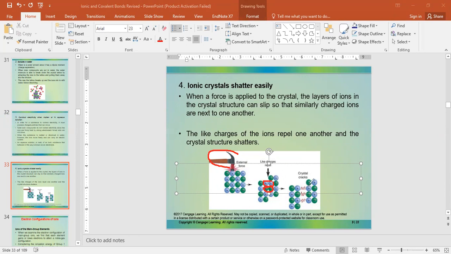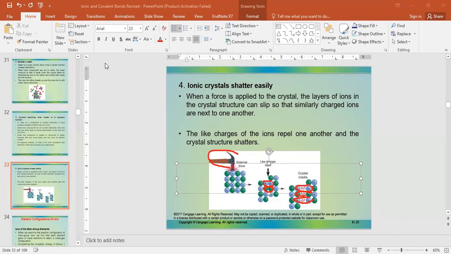You can see there is repulsion between these two particles, between these two, and between those two. That repulsion causes the solid to shatter. So that is why the shattering happens.